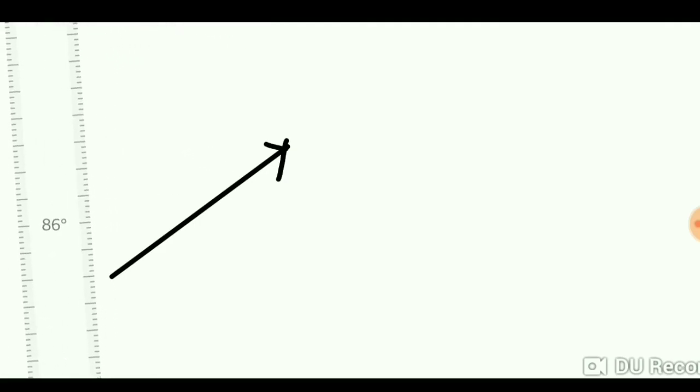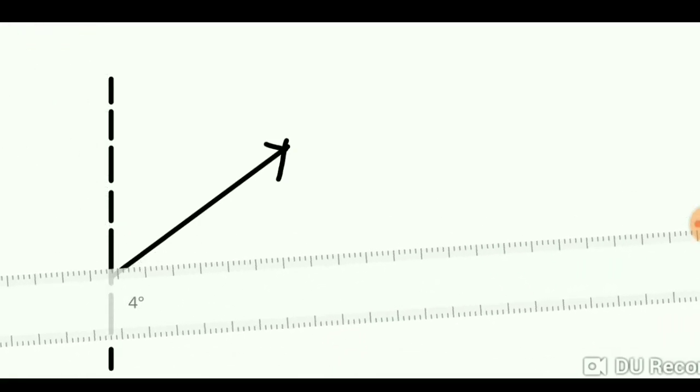Okay, let's drop a vector again, this time at an angle of 37 degrees again. 37, yes, 37. That's our vector. Okay, now let's draw up the y-axis and the x-axis.